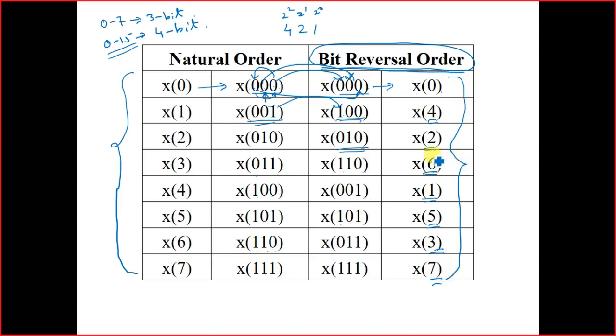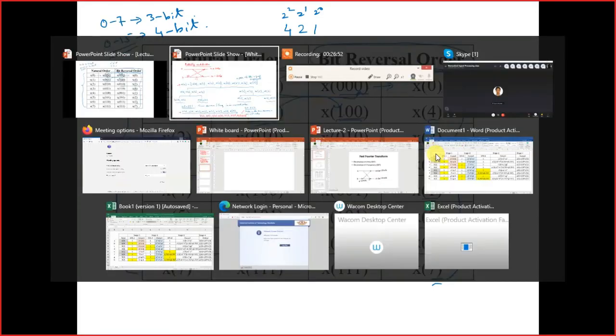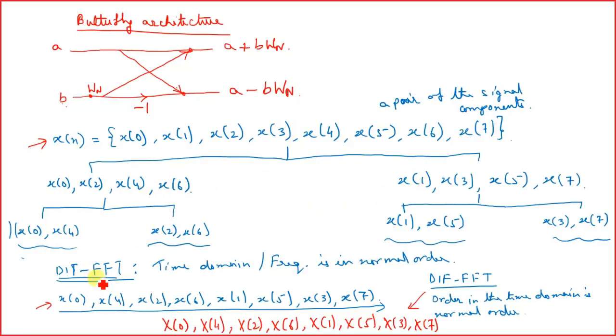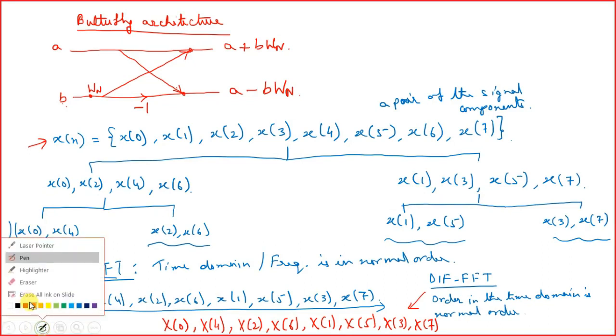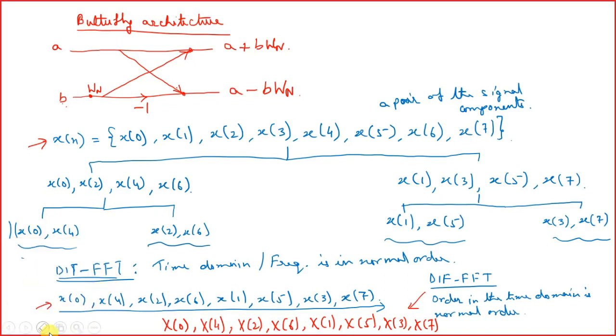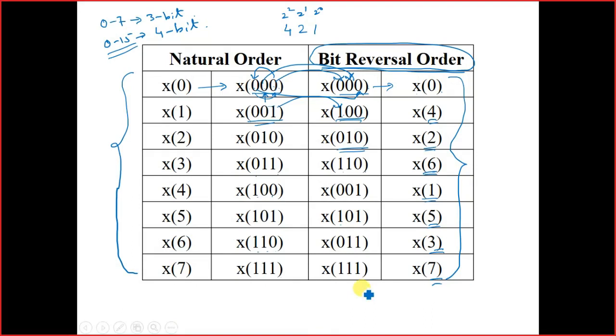Now if you look over here and compare it with the decimated order, you will see it remains the same: x0, x4, x2, x6, then x1, x5, x3 and x7. And you compare this one with this one, see, x0, x4, x2, x6, x1, x5, x3, x7.